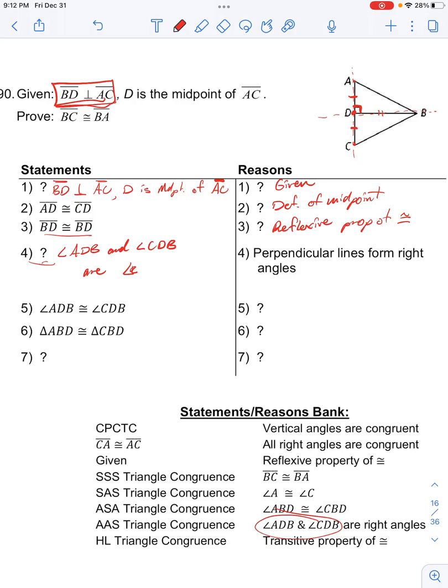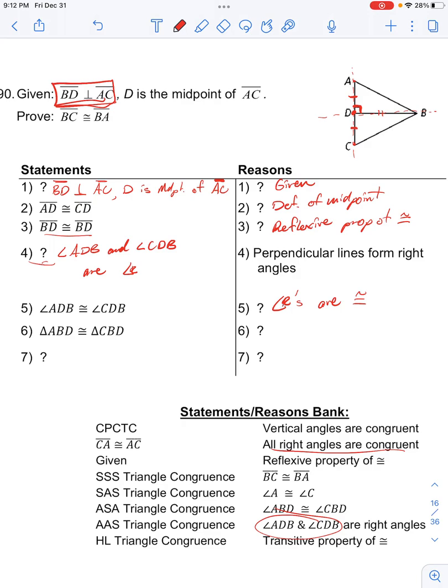So then number 5, we have that angle ADB is congruent to CDB, and that follows from the fact that all right angles are congruent. Right angles are congruent because they first of all have the same measure.